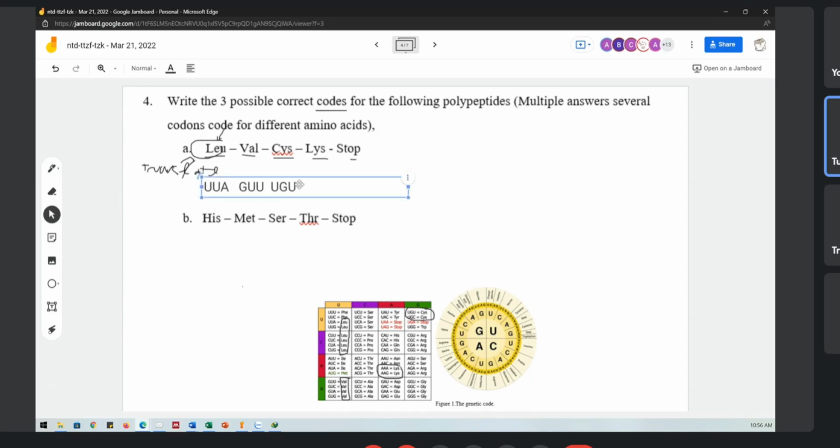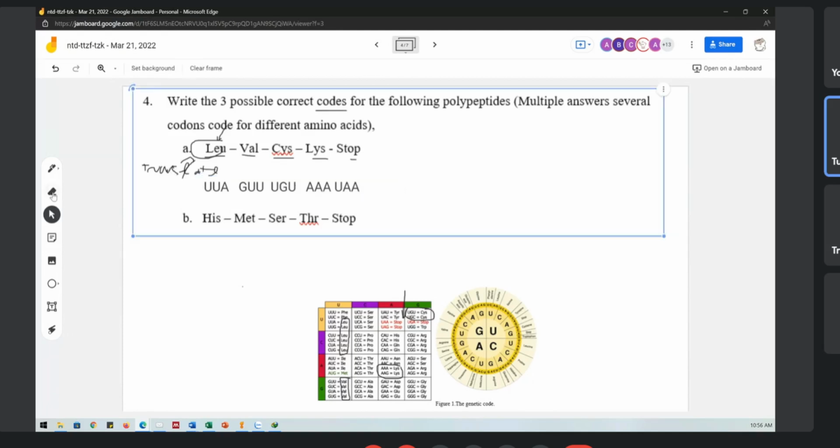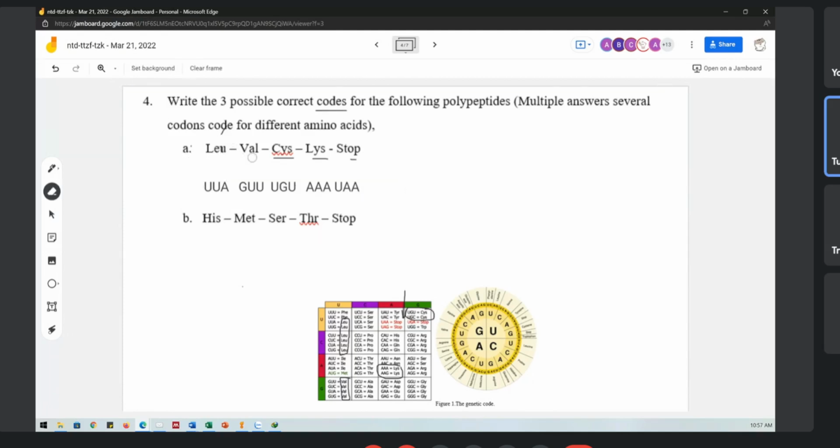So we have AAA, for example, and finally with the stop you can use any of the three here. So in this case, I use UAA. Okay. So you see that from the RNA here.